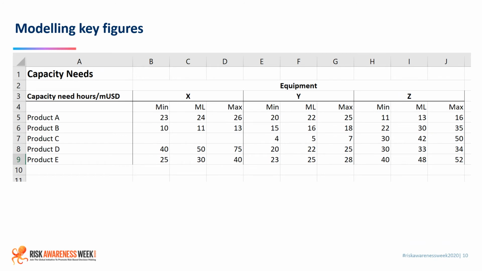The same approach can be used for modeling the key figures. And let's not always look at product A and equipment X. So let's take a look at product B and equipment Z. Here there's a minimum demand of 22 hours for each million. There's most likely 30, and it could be 35. Here again, you have the distribution to leverage that.